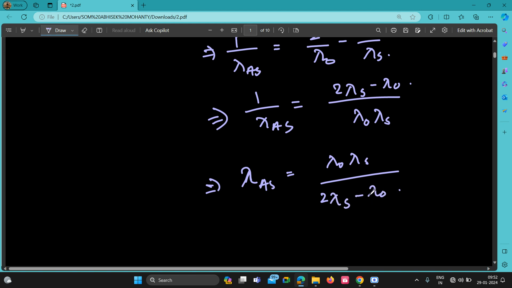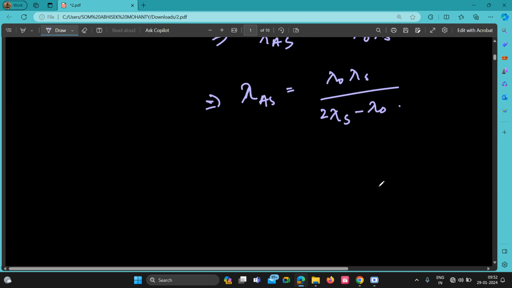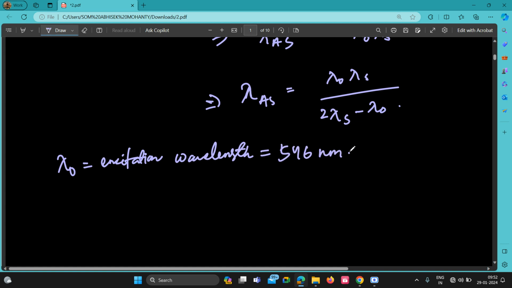Is that alright? The values given in the question are: lambda naught, the excitation wavelength, is 546 nanometer, and lambda Stokes is 552 nanometer.